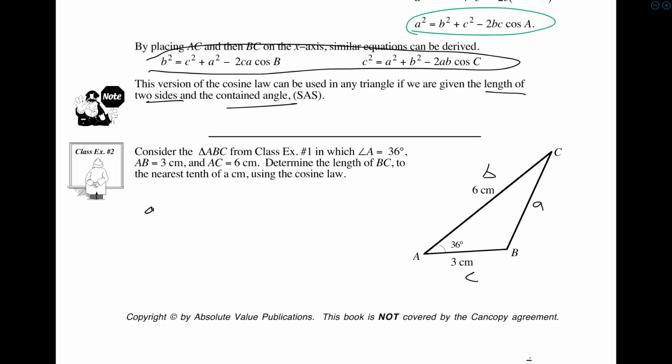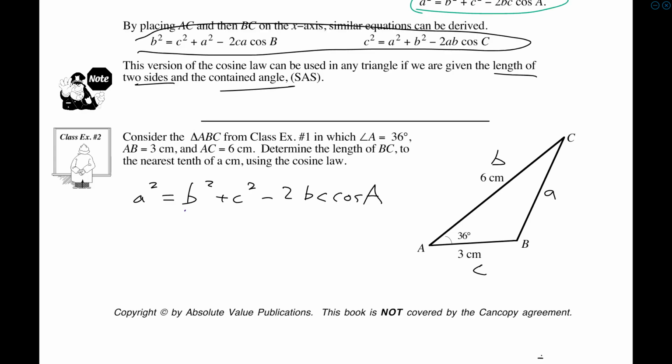So I want to know side A squared. Well, A squared equals B squared plus C squared minus 2 times B times C times cos of A. And what's nice is I have all of these things. I have B, I have C, and I have cos A. I should be able to find this.